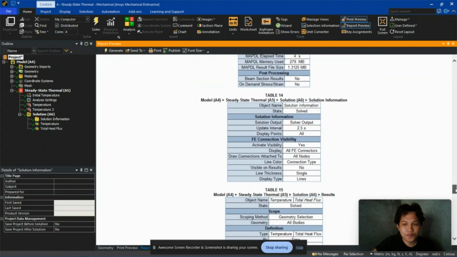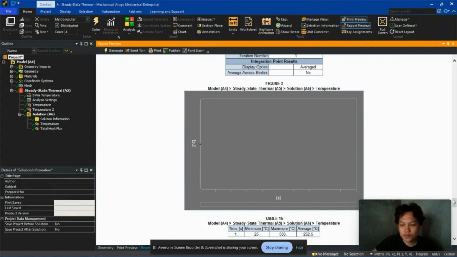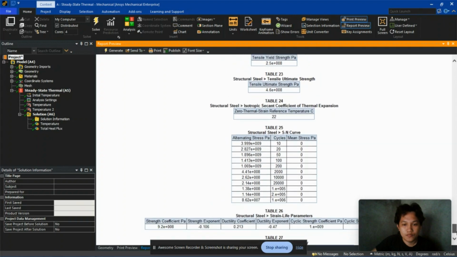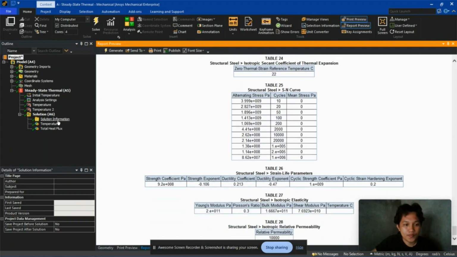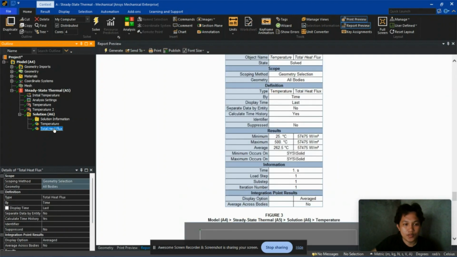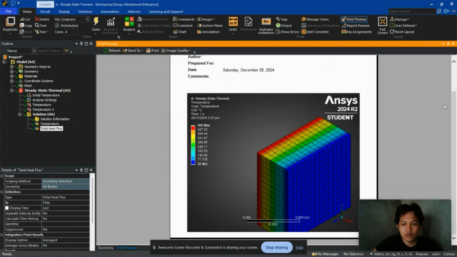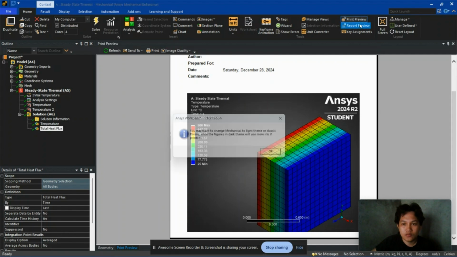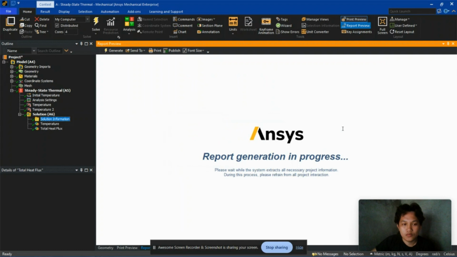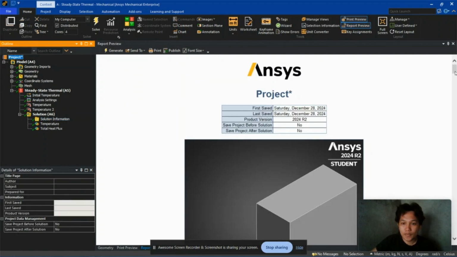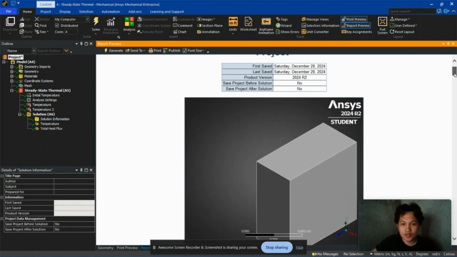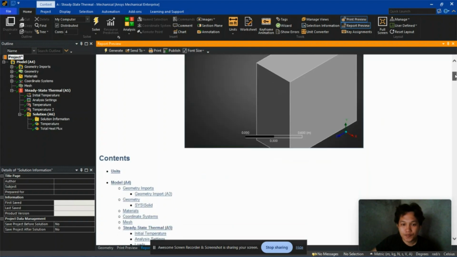Okay, that's the data. Also for the total heat flux.